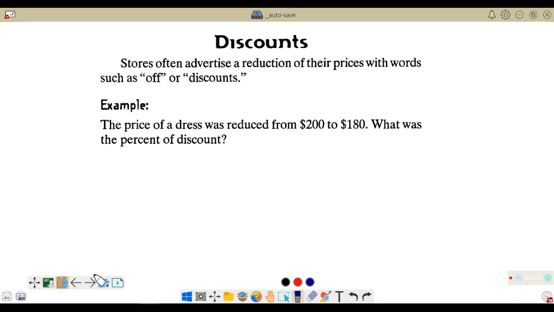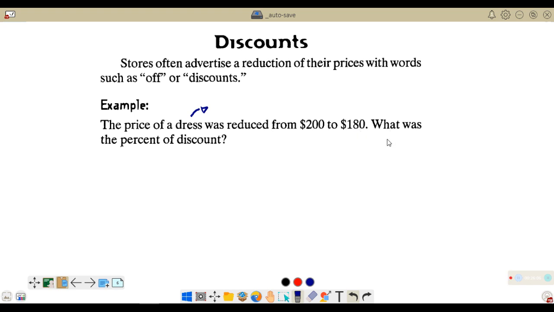For example, a certain product is 20% off, meaning there is a 20% discount on that product. In our first example, we are talking about an item, specifically a dress, that was reduced from 200 to 180. What was the percent of discount?